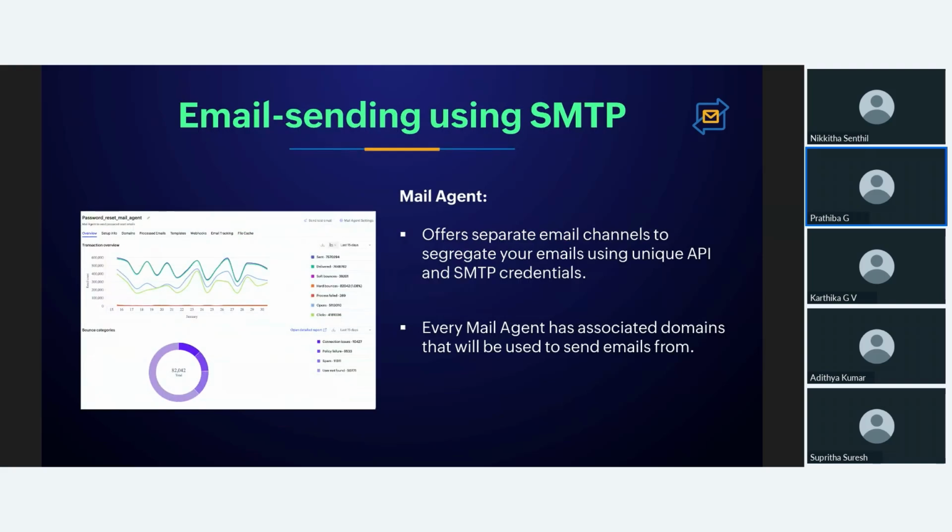And each mail agent has a unique API and SMTP credentials. So this makes sure that the email groups you have created have a unique channel which is separate from the rest. Along with that, every mail agent has a domain or domains associated with it, which will be used to send out emails. And this will be a starting point before you get started with sending your emails.